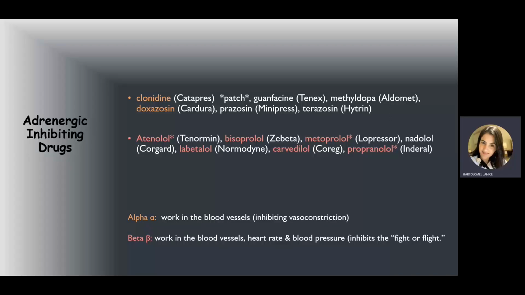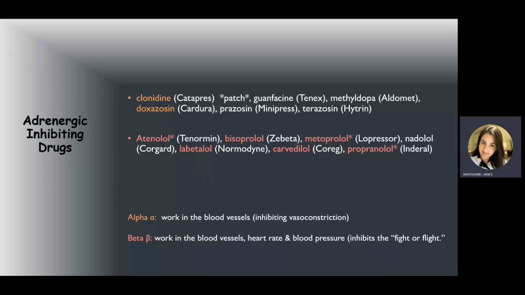It comes in a patch, it comes in a pill. It's very potent. It will drop your blood pressure very quickly. Very effective. Now, we also have doxazosin, which could be used for urinary issues as well, but it does lower blood pressure. It has that alpha component to it.